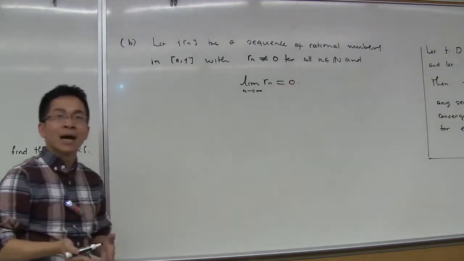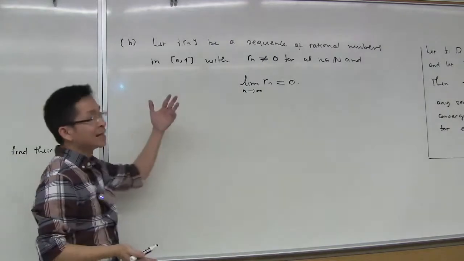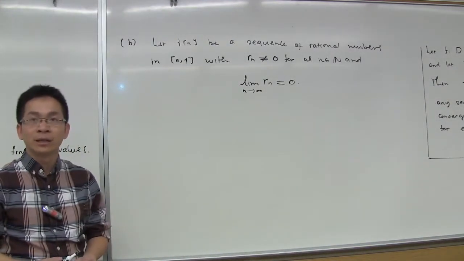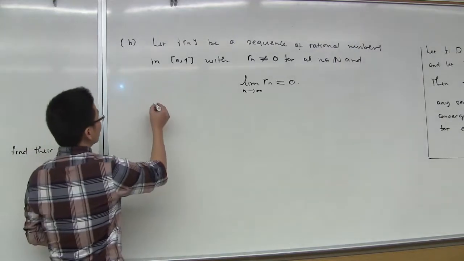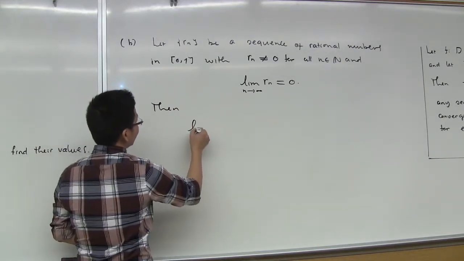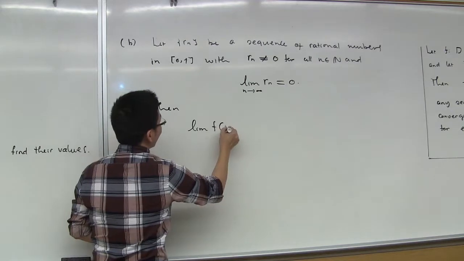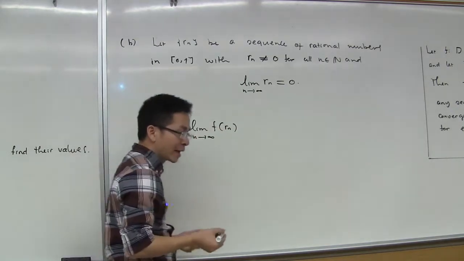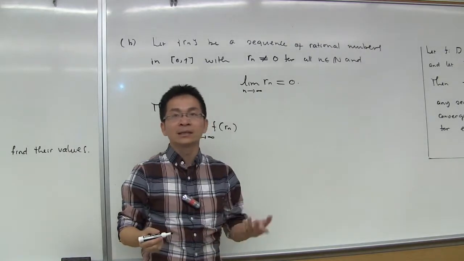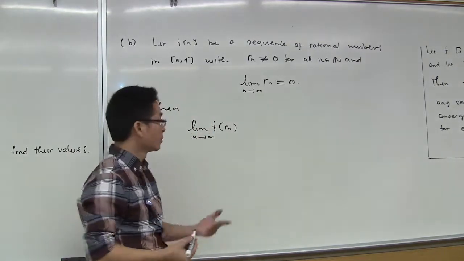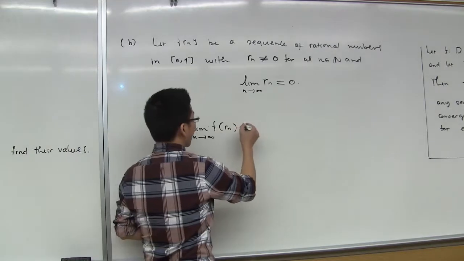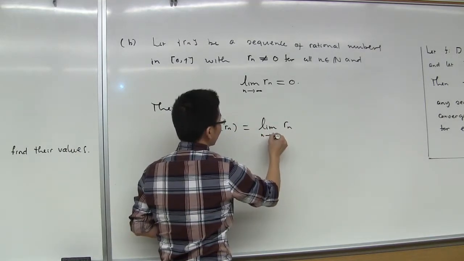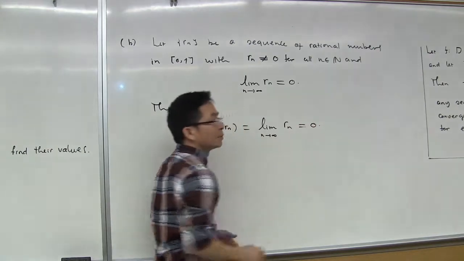Such a sequence Rn does exist by the density of the set of all rational numbers in the interval 0, 1. Okay, now let's look at the limit of f of Rn as n approaches infinity, because f of x is equal to x if x is in Q intersection the interval 0, 1. F of Rn is just Rn, and as you know, this limit is 0.